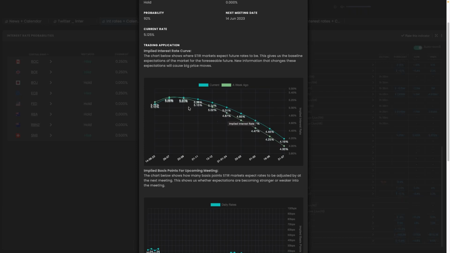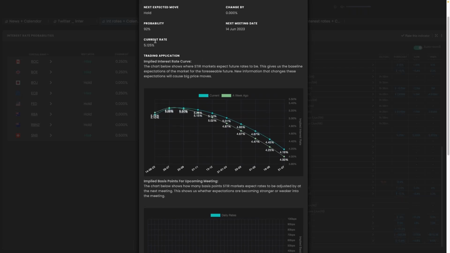They're not expecting any rate cuts this year from the current level. So that would just be as is, Saeed, and that would be no trade.